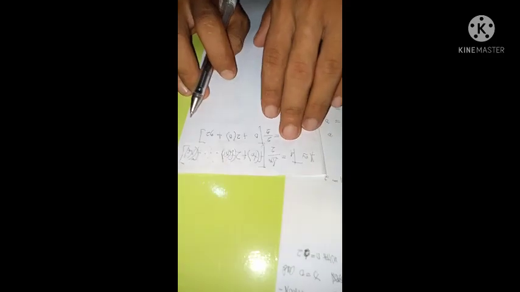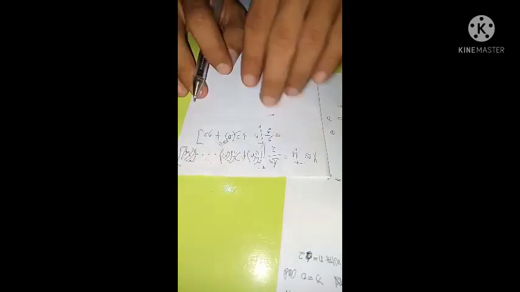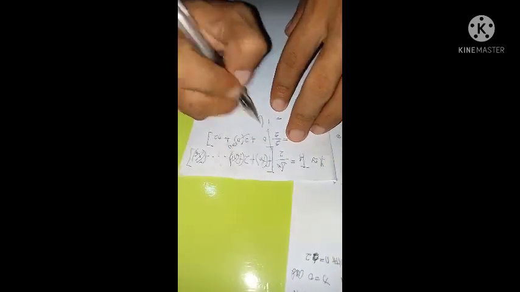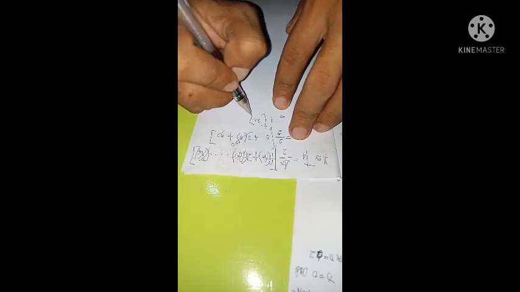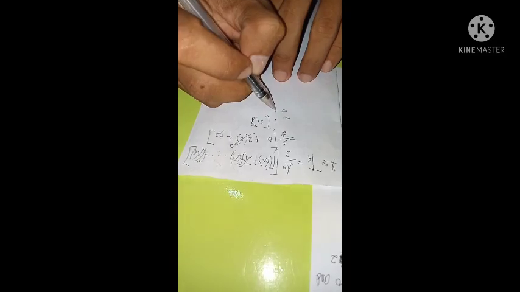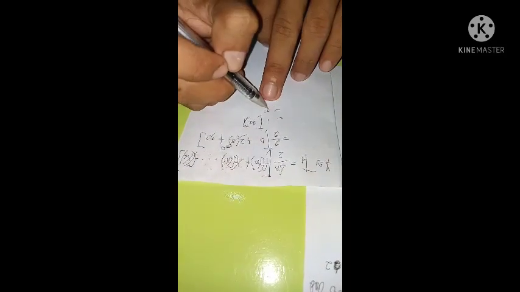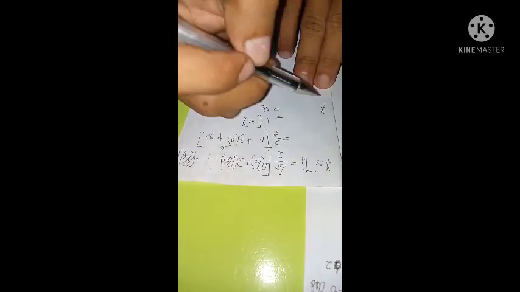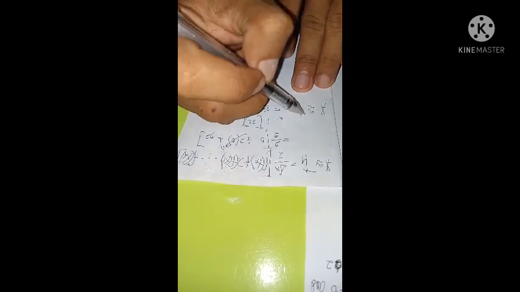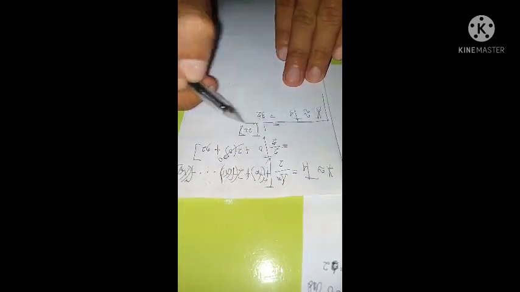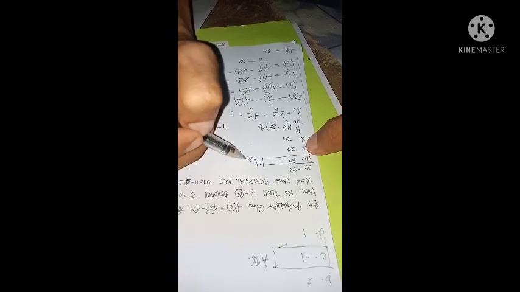Therefore this is 0, so 1 times 32, which is equal to 32. So the final answer here is 32, letter B. This is the answer.